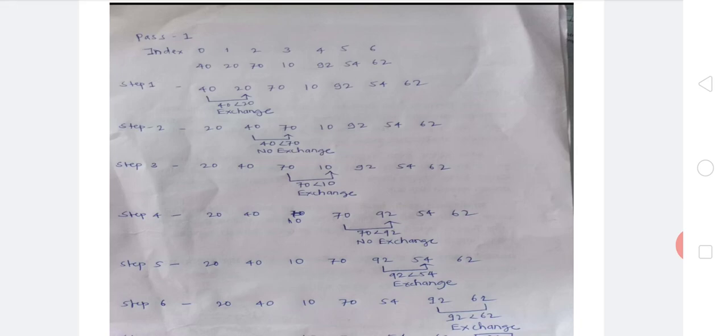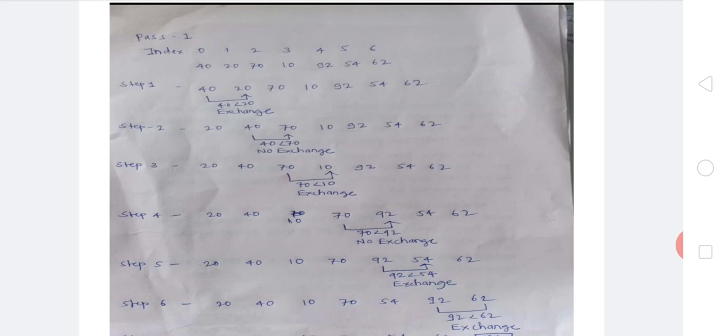Yes, 92 is greater than 62, so an exchange is required. In step number 7, the list is 20, 40, 10, 70, 54, 62 and 92. We already marked 92. That means after pass 1, we get the greatest number at the end of the list.